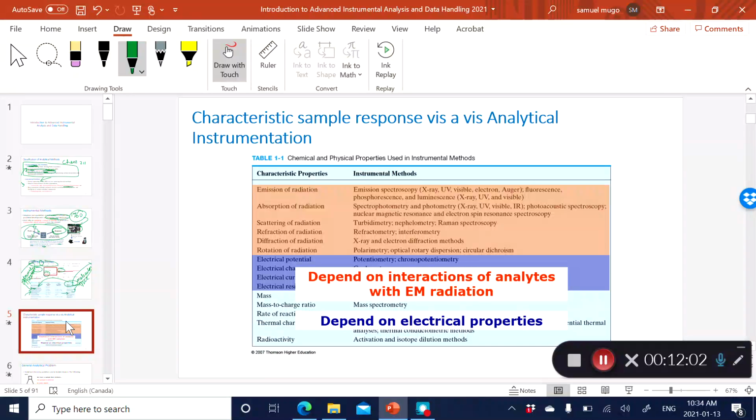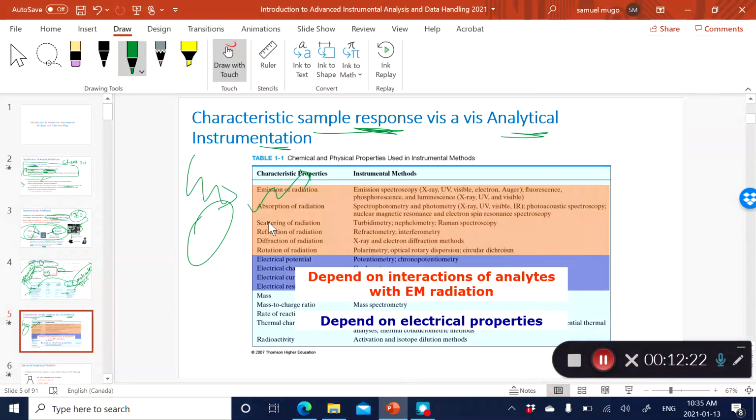And so in this slide, I'd like you to take note of the characteristic sample response vis-a-vis the analyte instrumentation. So as I said, if you take the energy from the probe and hit a sample, a response takes place.